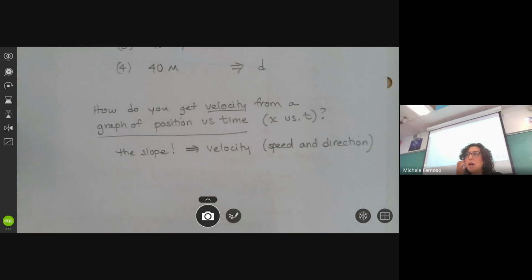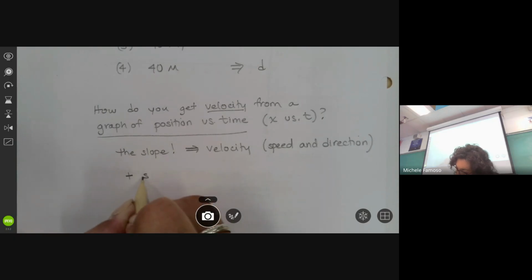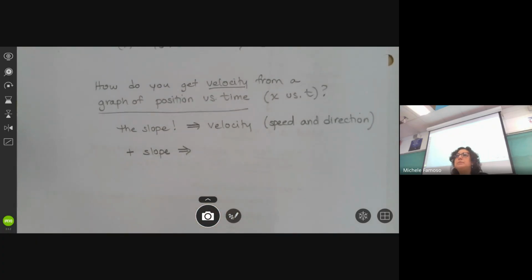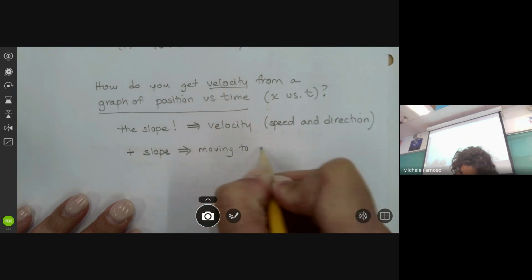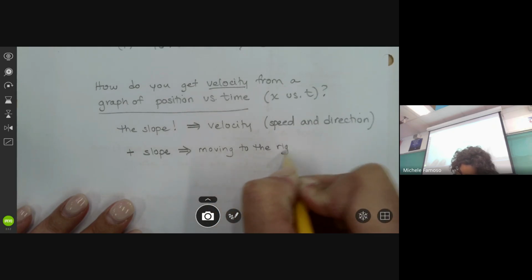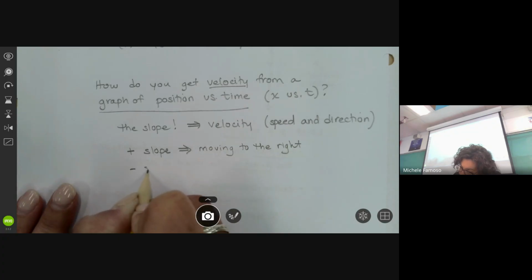So let's try to summarize some patterns then. If you have a positive slope, what does that mean? Remember from the lab, what does that mean if your slope was positive? Logan? Yeah, that means you're moving to the right. What about if you had a negative slope?